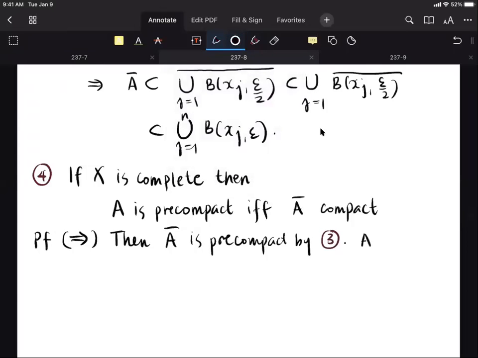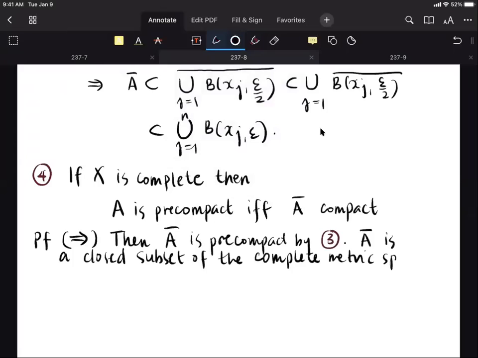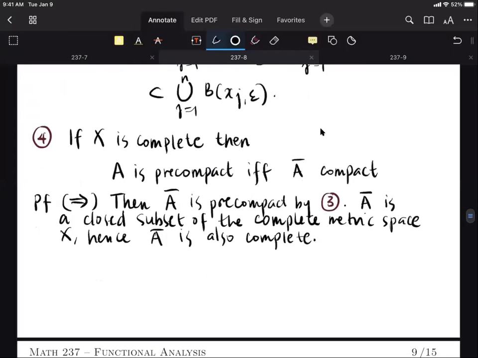So A bar is a closed subset of the complete metric space X. This implies that A bar is also complete. So a closed subset of a complete metric space is also complete, and we have discussed this last time.